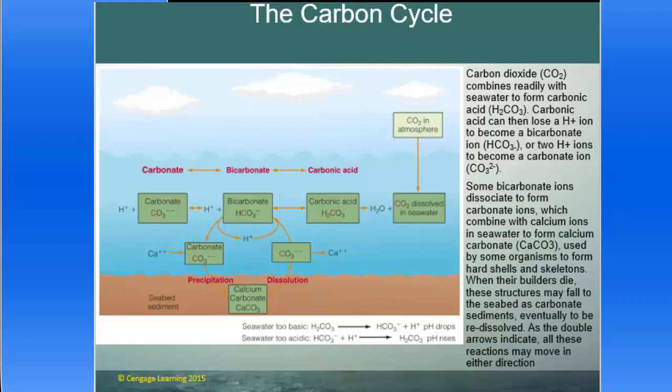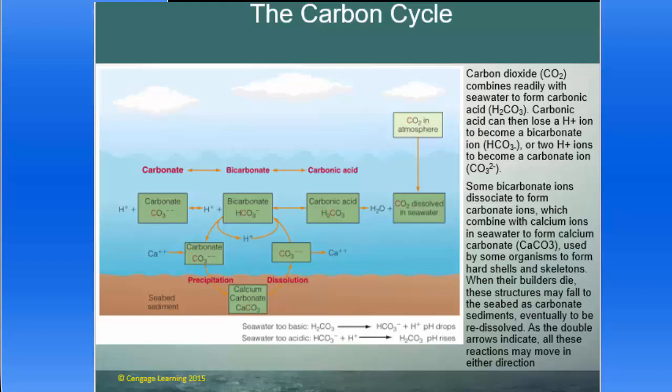So carbonate ions we either get from two hydrogen ions being lost, or from bicarbonate breaking down. And when you have these carbonate ions, they combine with calcium to form calcium carbonate. And calcium carbonate is hard.